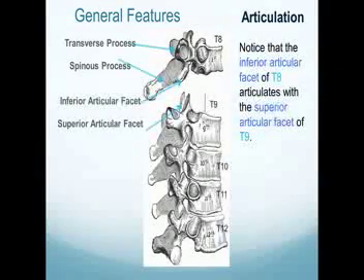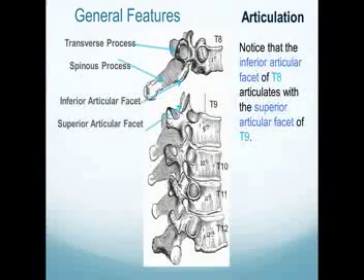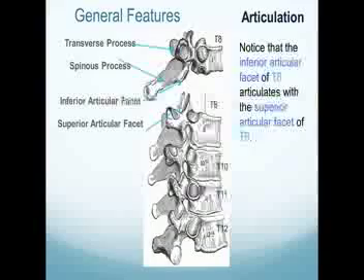So I want you to take a look here. Orient yourself, and I would like you to find the inferior articular facet located on thoracic vertebra number 8. And I would like you to find the superior articular facet located on thoracic vertebra number 9. When these link together, the inferior articular facets are actually articulating or connecting with the superior articular facets of another vertebra further down the vertebral column.